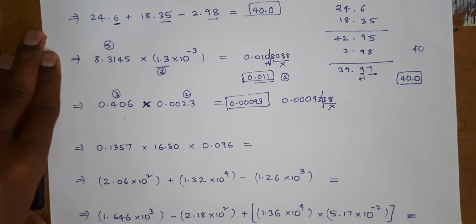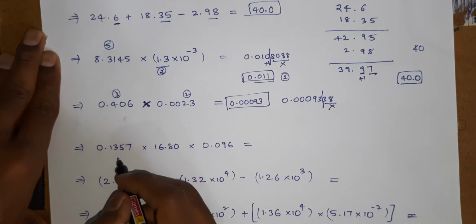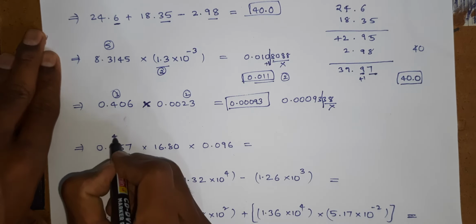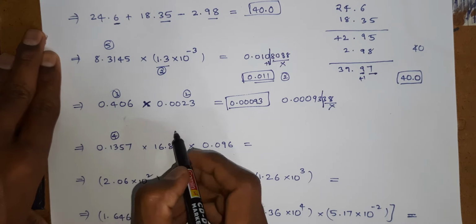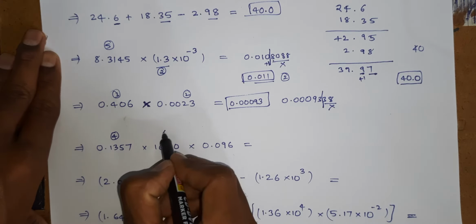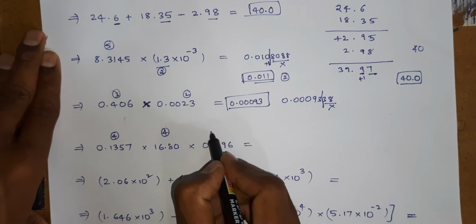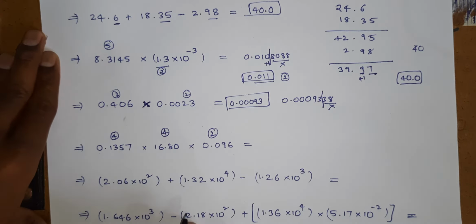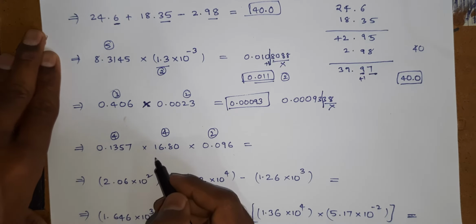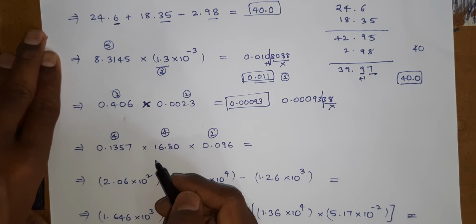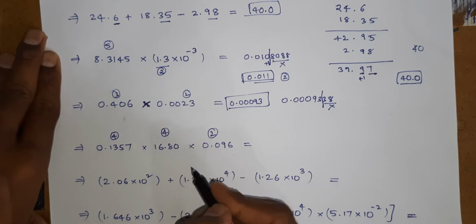If you come to this problem, here four significant figures, here four significant figures, here two significant figures. This is also a multiplication, so the measurement with the least significant figure decides the answer.